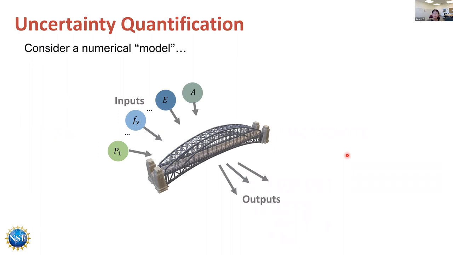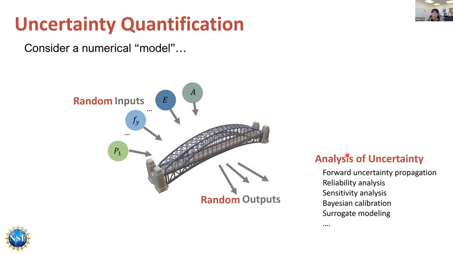So we will start with a model with multiple parameters and multiple outputs of interest. When our input is random, then our output is also random, and the task of UQ is all about quantifying this uncertainty in the outputs based on the information we have about the input uncertainties. So UQ can be intuitively straightforward.